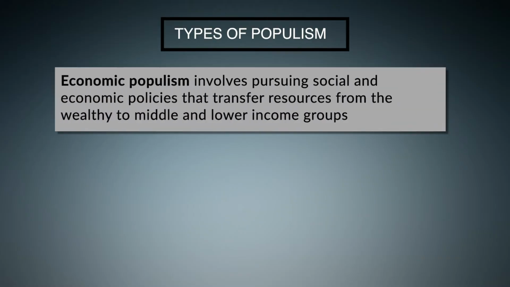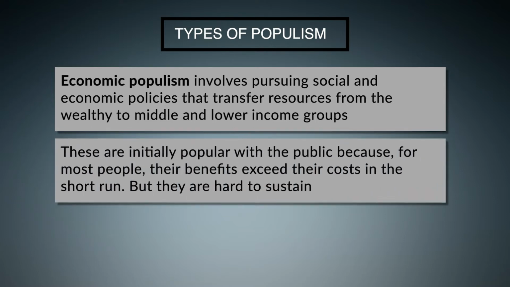Economic populism largely involves pursuing socio-economic policies that transfer resources from the wealthy to middle class or lower income groups. These are initially popular with the public, because for most people the benefits exceed their cost in the short run.